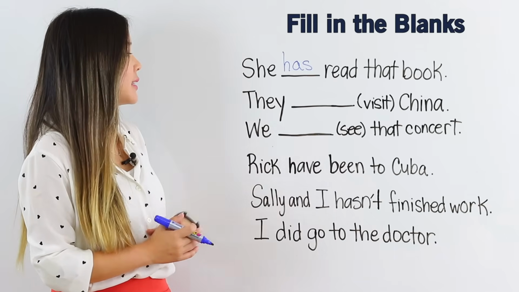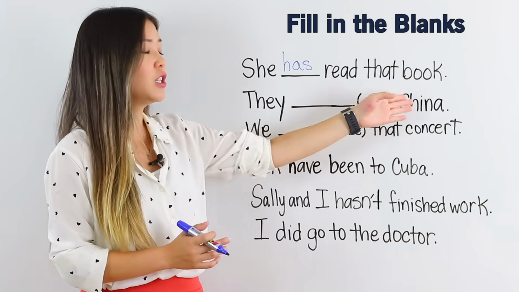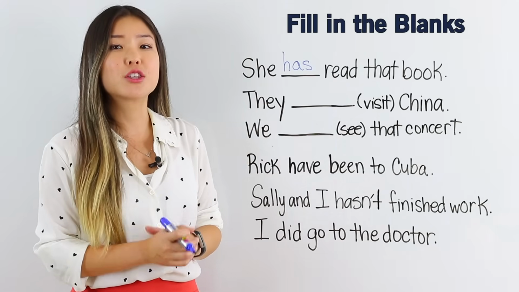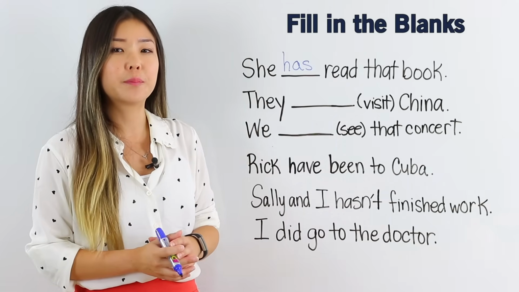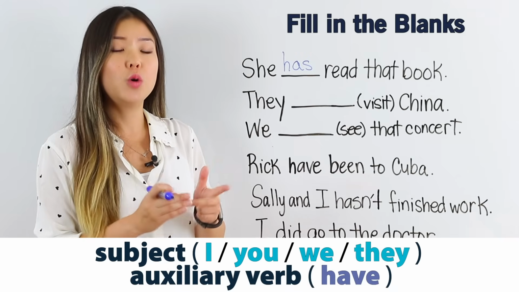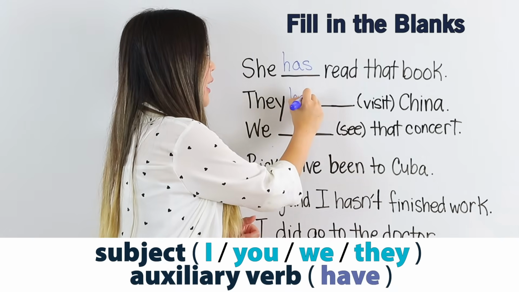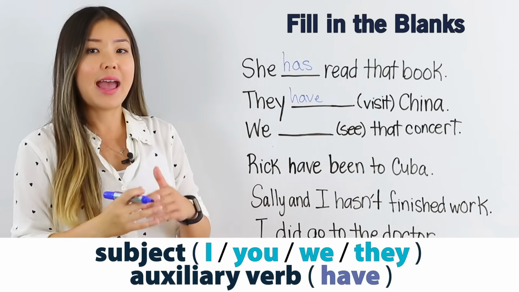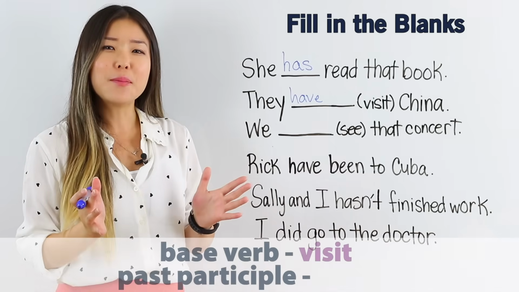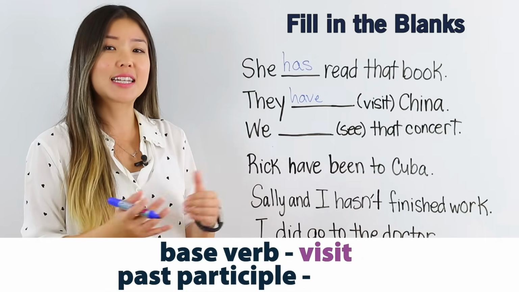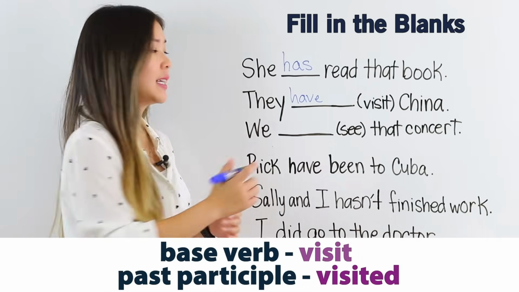The second sentence says, they blank visit China. Visit is the verb that you want to use here. For I, you, we, and they, we use have, not has. They have. Now, what's the past participle of visit? The answer is visited.